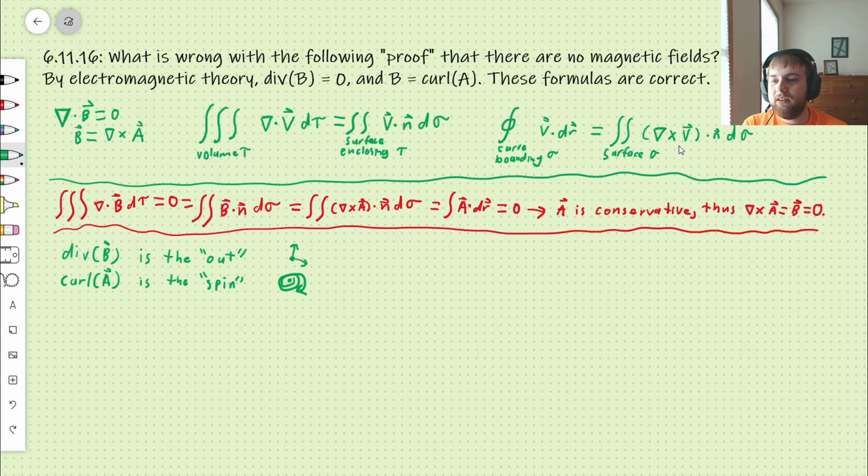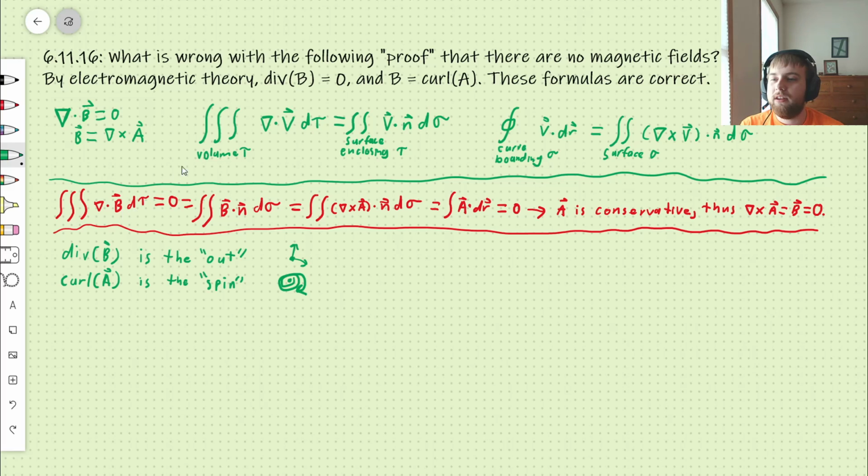So, yeah. Now that we've gone through all that, we can take a look at what this says here. Magnetic fields, their divergence is 0. So they don't have a lot of out, or the out cancels out, I guess. So using this here, we just plug our B in for our V, right?